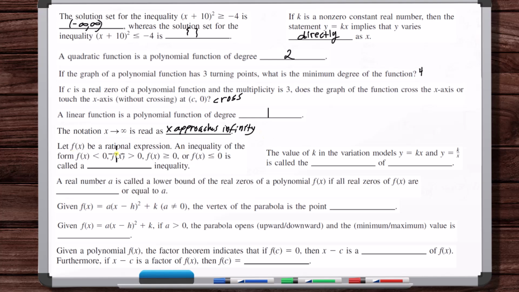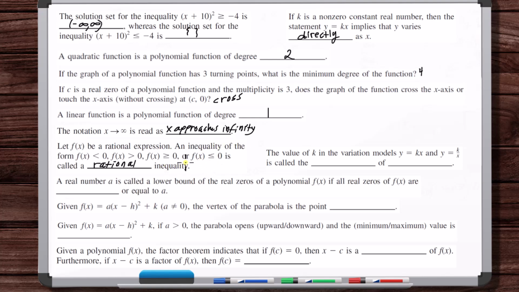Let f of x be a rational expression, an inequality of the form. So that's a rational inequality. The idea is if you take any of the equations we studied, radical, rational, in chapter 1, and you just replace the equation with an inequality, then you have that kind of inequality.